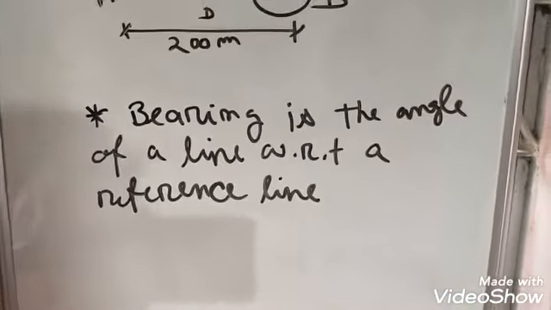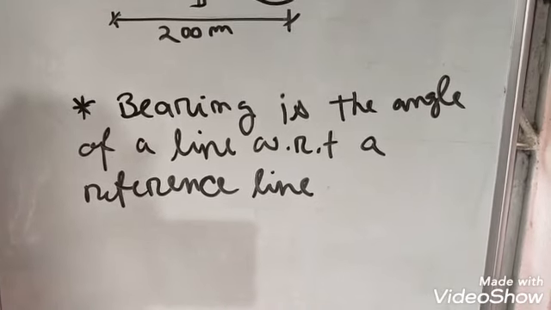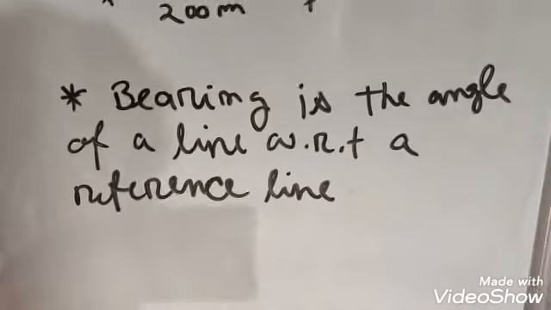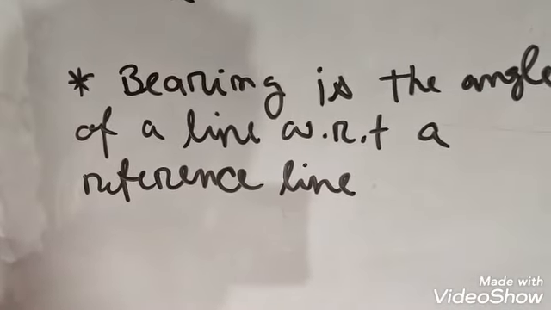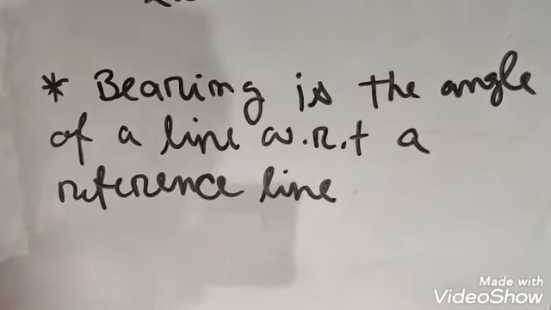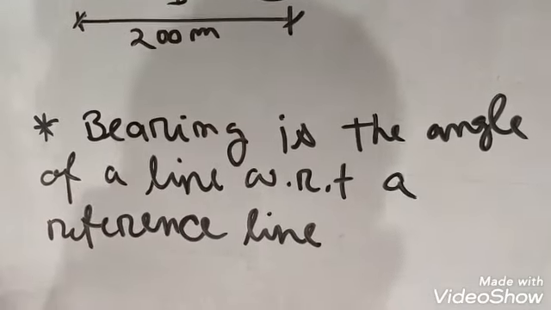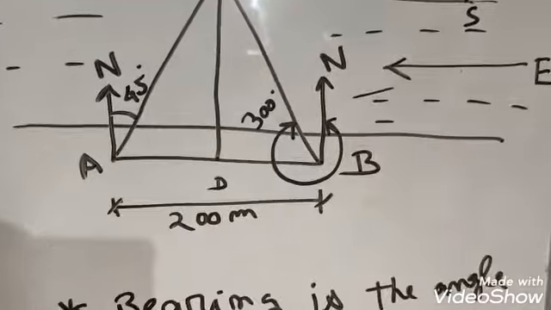This is the definition of bearing. We will deal with it in detail in our compass surveying part, but for now this is what we need to know in order to solve this problem.